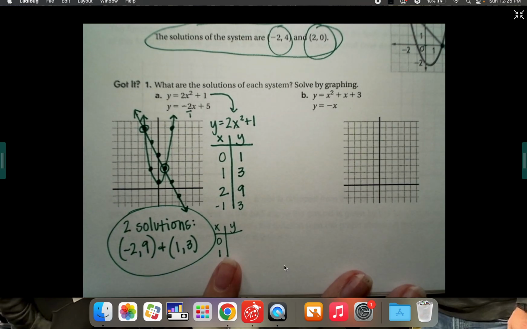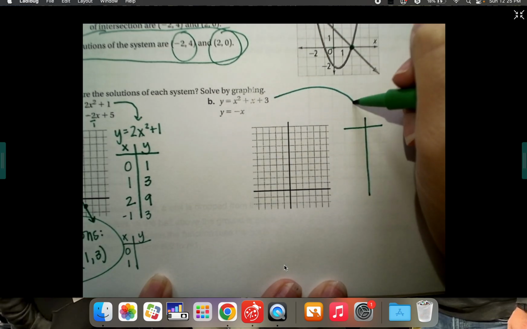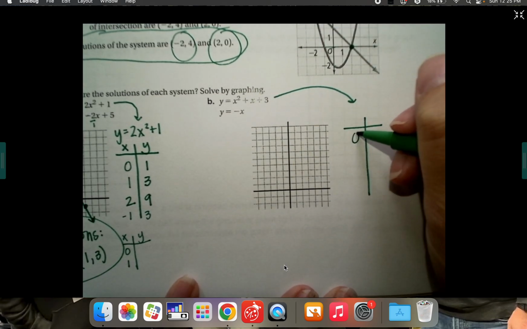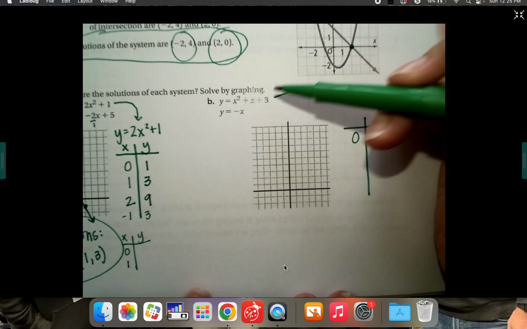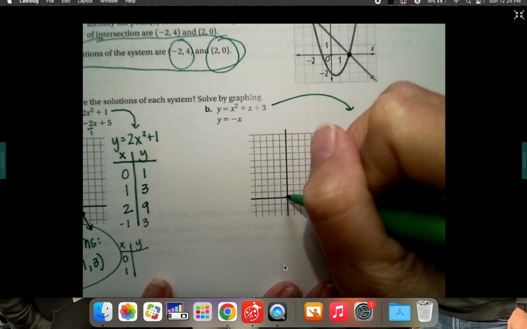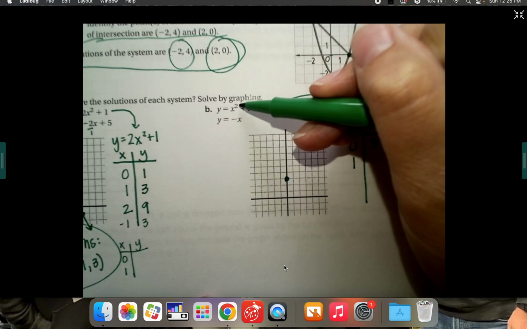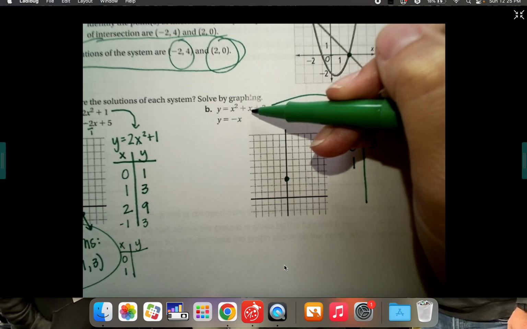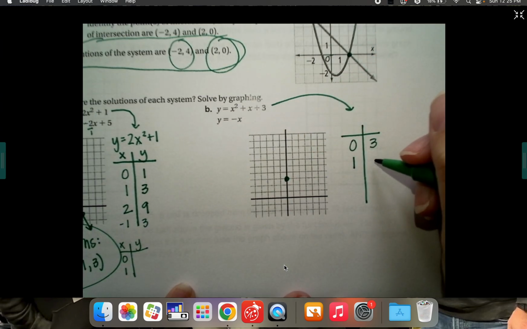And just in case you need more practice graphing, I will write in this one over here. So if I choose a 0, 0 squared is 0 plus 3 would just be 3. If I choose a 1, 1 squared is 1. 1 plus 1 is 2, plus 3 is 5.